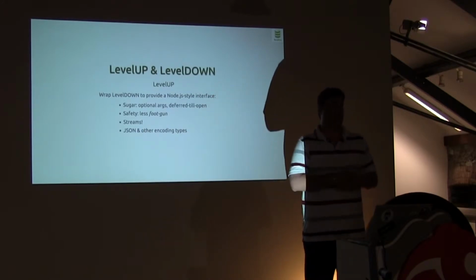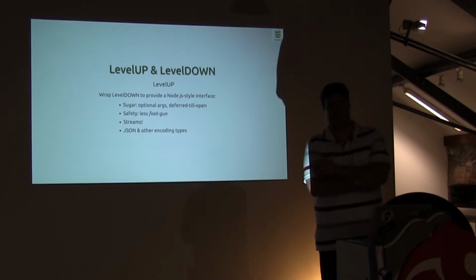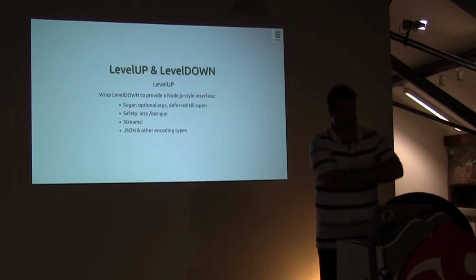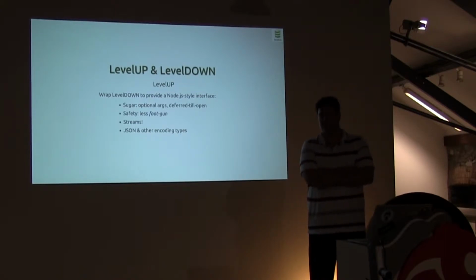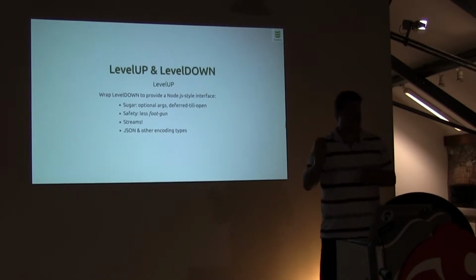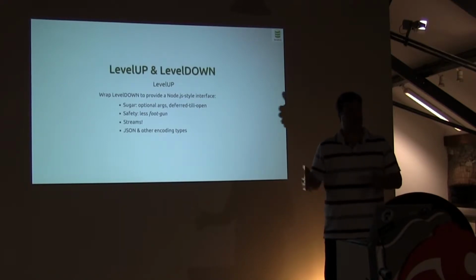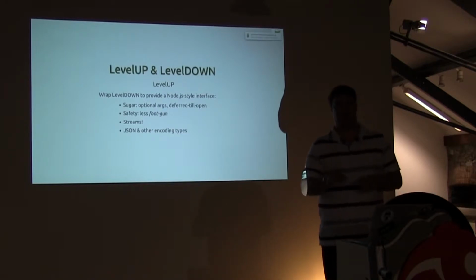You just send it in, it'll happen asynchronously, and if there's an error, it'll throw rather than return through the callback. There's more safety guarantees built in. So we do a lot more checking of your data and your arguments than LevelDown does, and it does streams. So we take the LevelDB iterators and we turn them into what we call read streams, and they work similarly to most other Node streams, except they're object streams. But this is the winning feature for me of LevelUp, is these streams, because they make it so powerful to use.